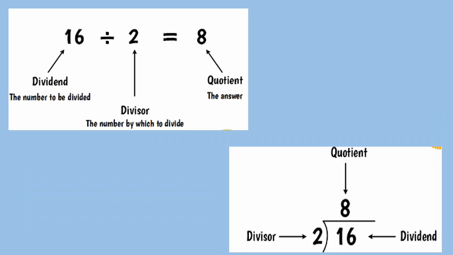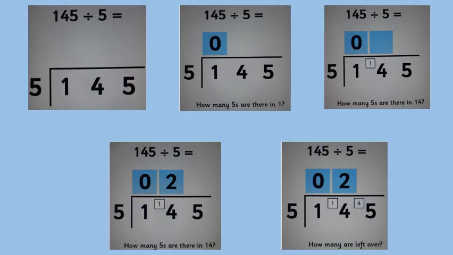Do you remember the vocabulary from yesterday's division lesson? Look at the labels for these number sentences and for the bus stop method. Let's look at our first sum, 145 divided by 5. So you see I've set it out at the bus stop with 5 on the outside, 145 on the inside.